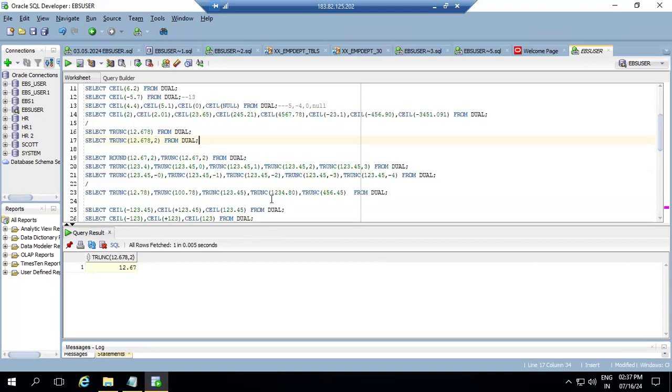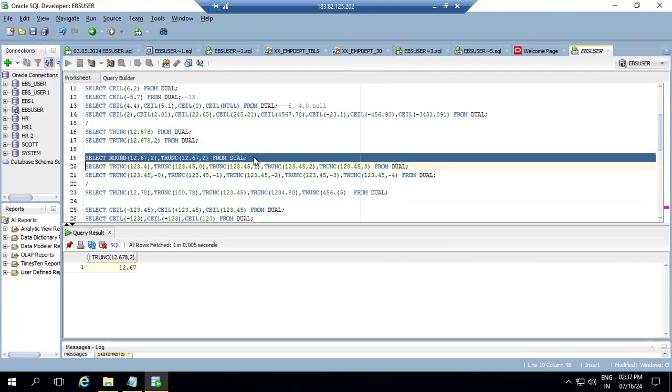So next we are using the round. Select round 12.67, 2 over here, and again trunc 12.67, 2 over here. So now what will be the output for us here? We are using the round function and the trunc. 12.68? Same thing only, you'll get the same output.